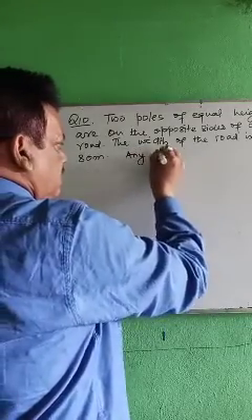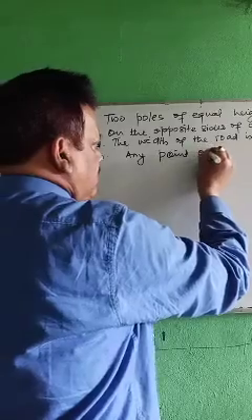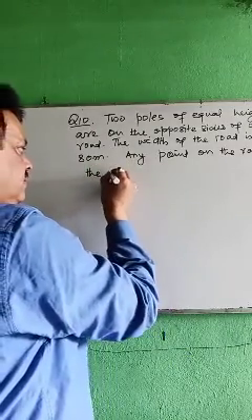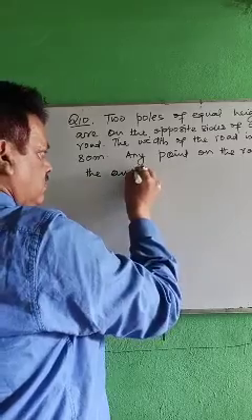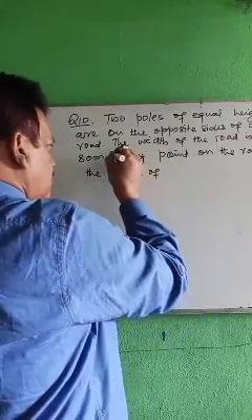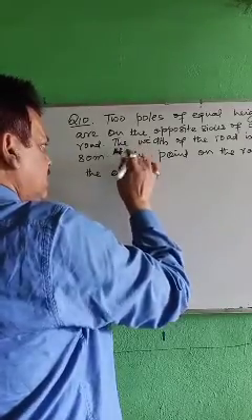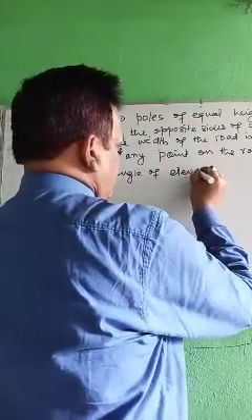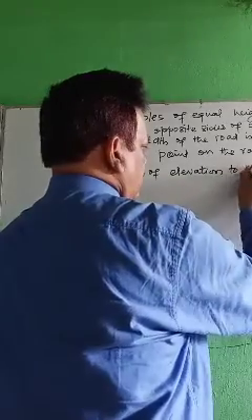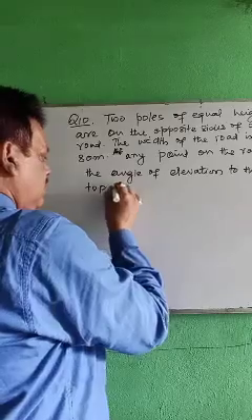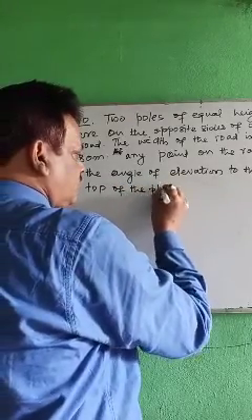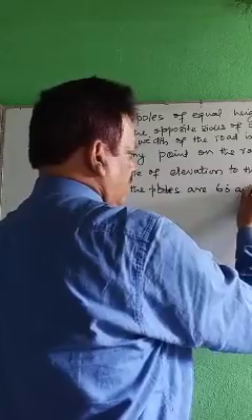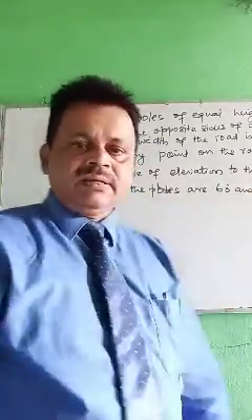At any point on the road, the angle of elevation to the top of the poles are 60 degree and 30 degree respectively.